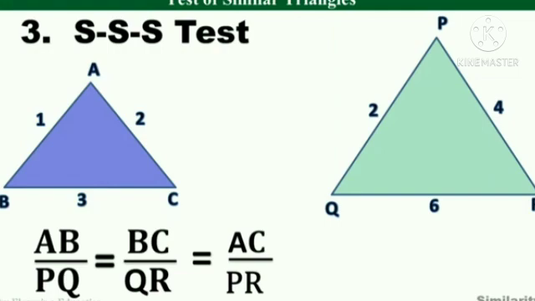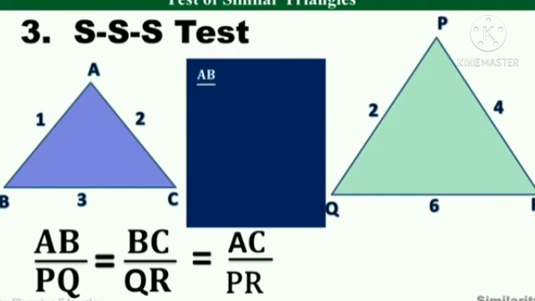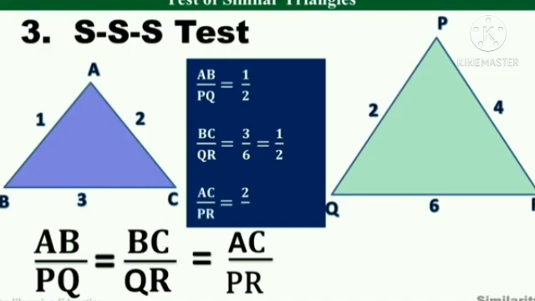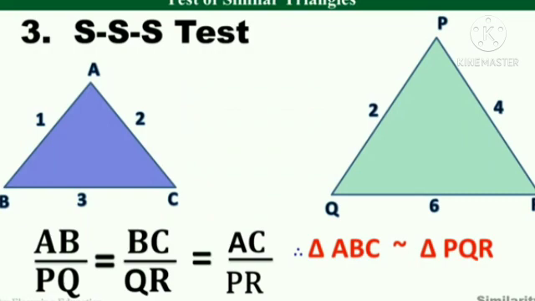So these three ratios are coming equal. Now, AB by PQ, if you verify, is 1 by 2, BC by QR is 3 by 6, which is again 1 by 2, AC by PR is 2 by 4, that is also 1 by 2. The corresponding three ratios are coming equal, with value 1 by 2. Therefore, triangle ABC is similar to triangle PQR by SSS axiom.